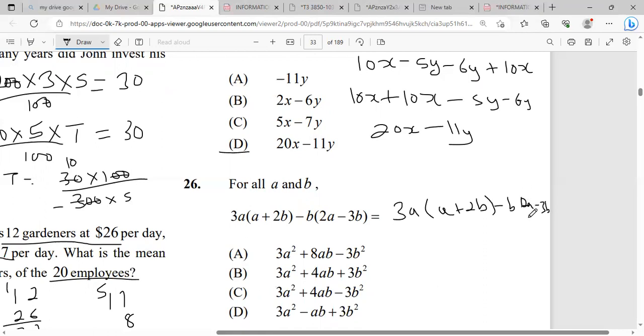All right, so this is 2A. So this would give us 3A squared. 3 times 2, that is 6, so we have 6AB. And then minus B times 2A would give us minus 2AB. A negative times a negative is a plus 3B squared, because B times B.